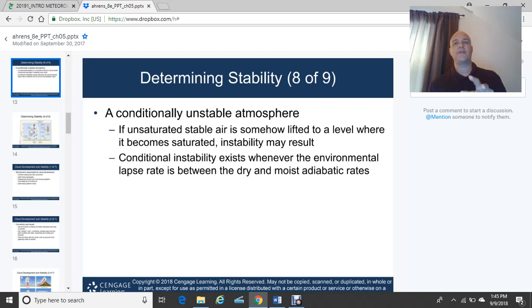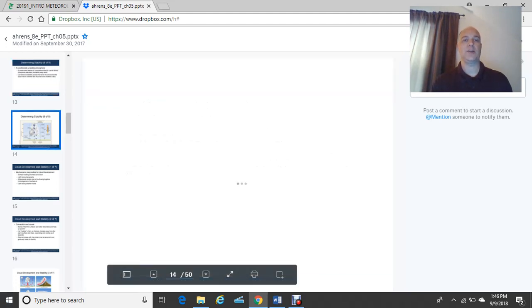And there are differences between the moist and the dry adiabatic lapse rate. Okay? Conditional instability exists whenever the environmental lapse rate is between the dry and the moist adiabatic rates. So just keep that in mind as we continue.